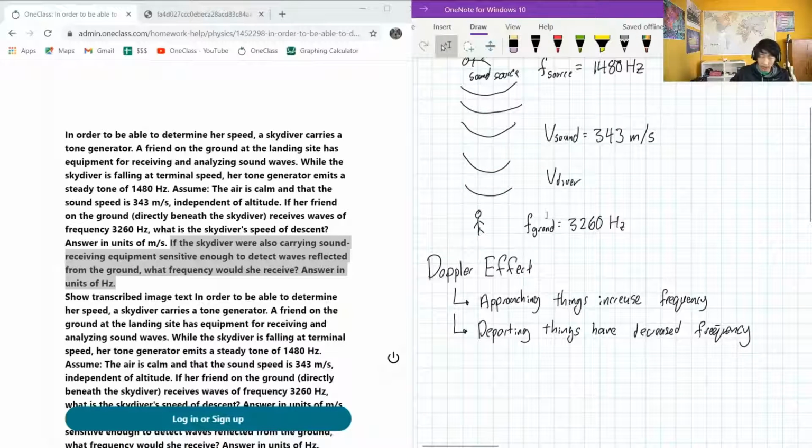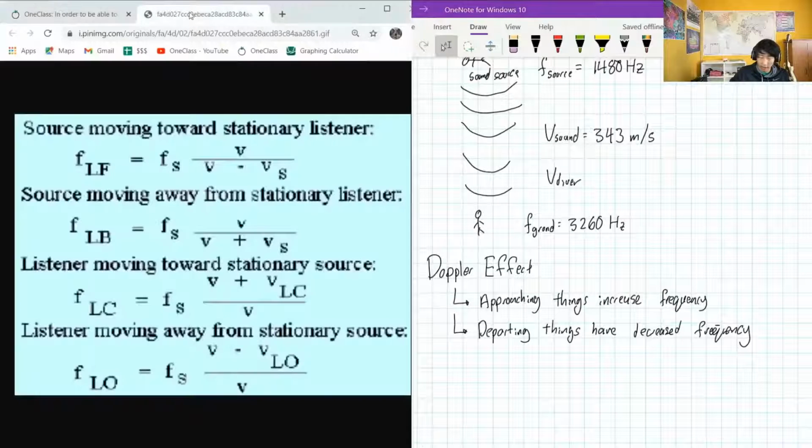And the equation to model this, let me pull up my reference right here, is that when we have a source moving towards a stationary listener, this is the equation that we want to use.